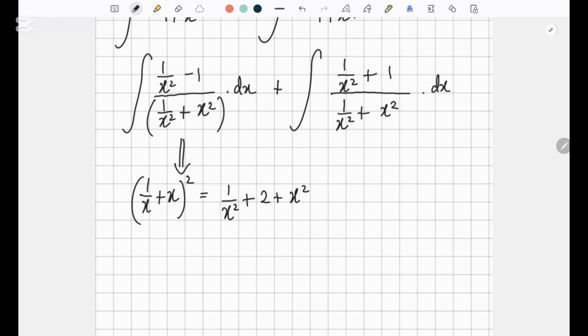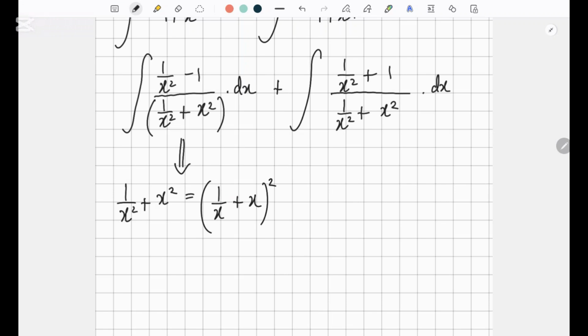Which is not equal to the denominator. So how do you make it equal to the denominator? All you have to do is subtract 2, right? So then you can write 1 over x squared plus x squared equals (1 over x plus x) squared minus 2, right?